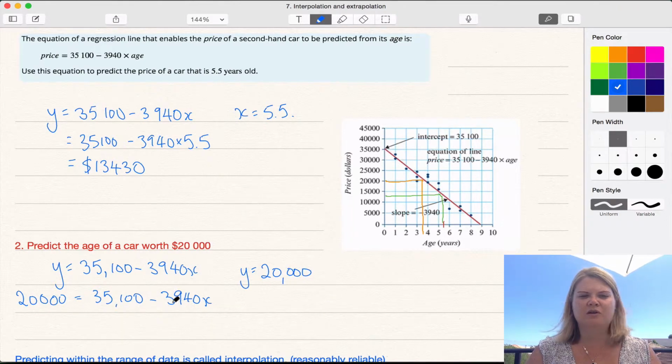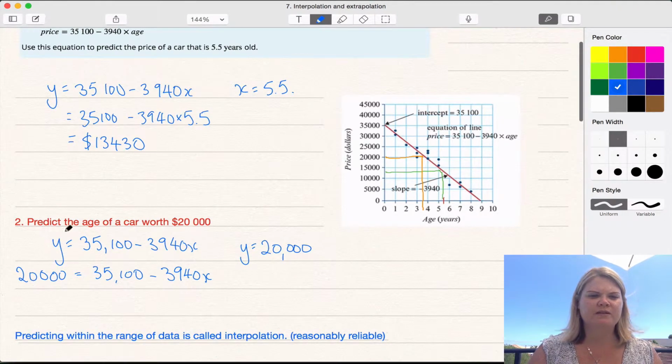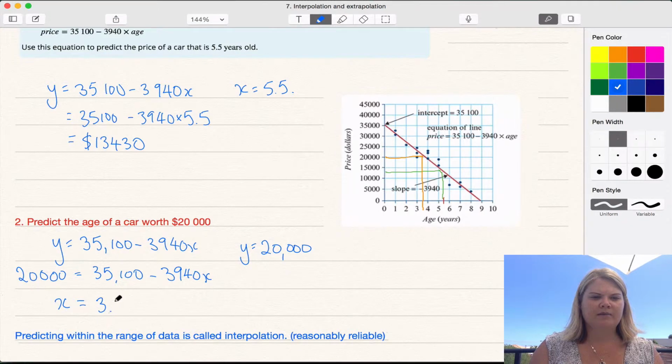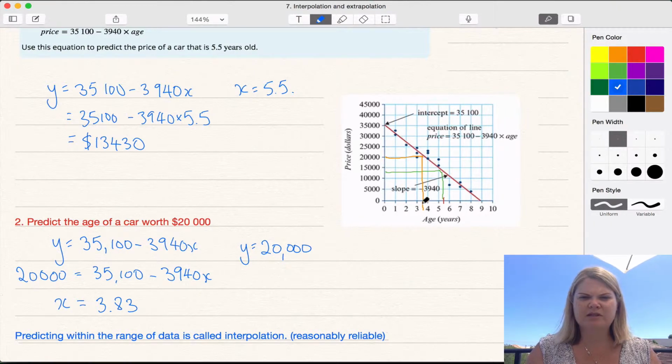And you can use the solve command on your CAS to solve this, and you will find that x equals 3.83 years, and remember we said it was about 3.6, 3.8. So I've put it to 2 decimal places or 3 significant figures.